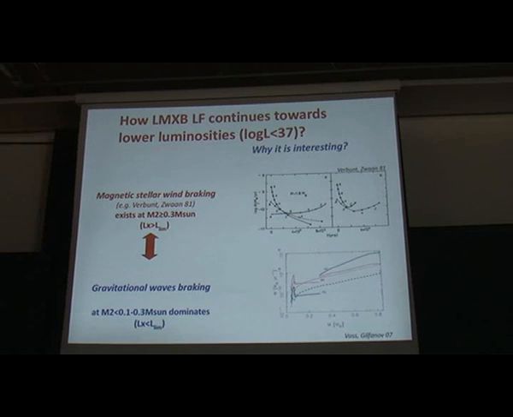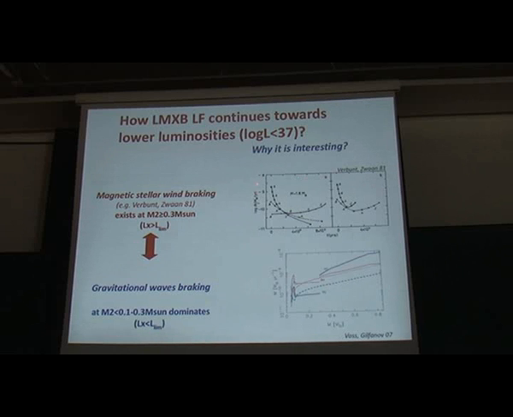And at some point, this mechanism stops, and if you have mass smaller than something, then probably it's anticipated that gravitational wave braking appears. And here is demonstrated a theory proposed very long ago, from the paper of Verbunt and Zwaan in 1981.